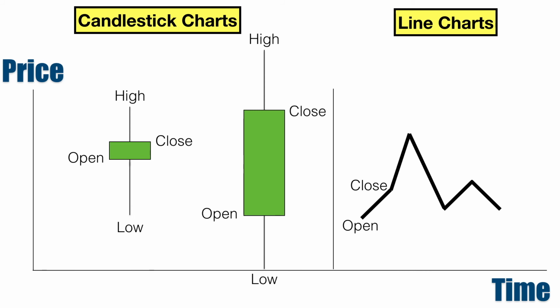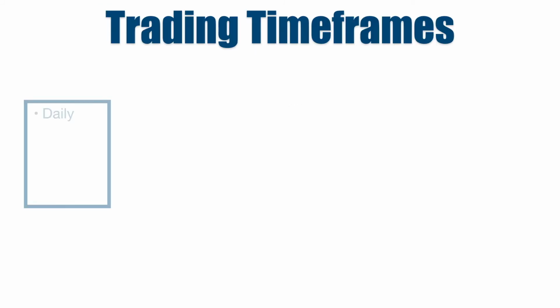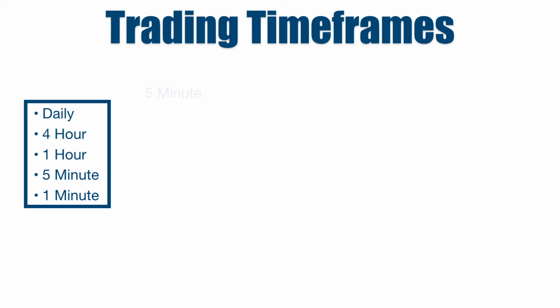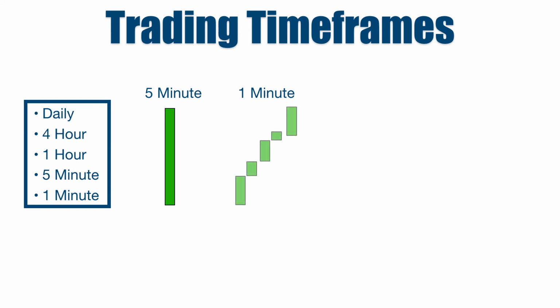The most common time periods analysed by traders are the daily, the 4-hour, the 1-hour, the 5-minute and the 1-minute time frames. Each 5-minute candlestick contains 5 1-minute candlesticks, and each 1-hour candlestick contains 60 1-minute candlesticks.